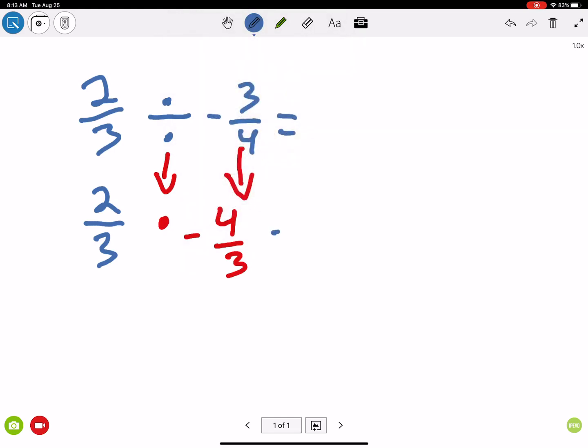And now I multiply. 2 times 4 is 8. 3 times 3 is 9. I had a positive times a negative, so my answer is going to be negative 8/9. And you're done. Remember, when you divide by a fraction, you can just multiply by the reciprocal. Done deal.